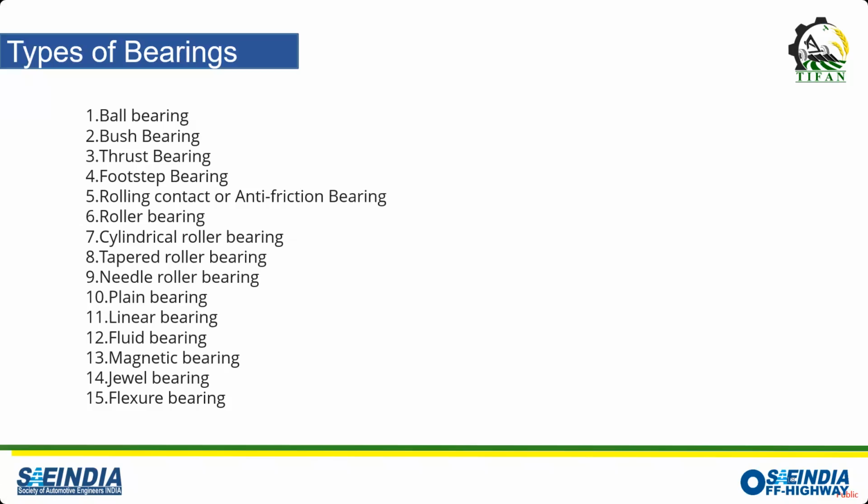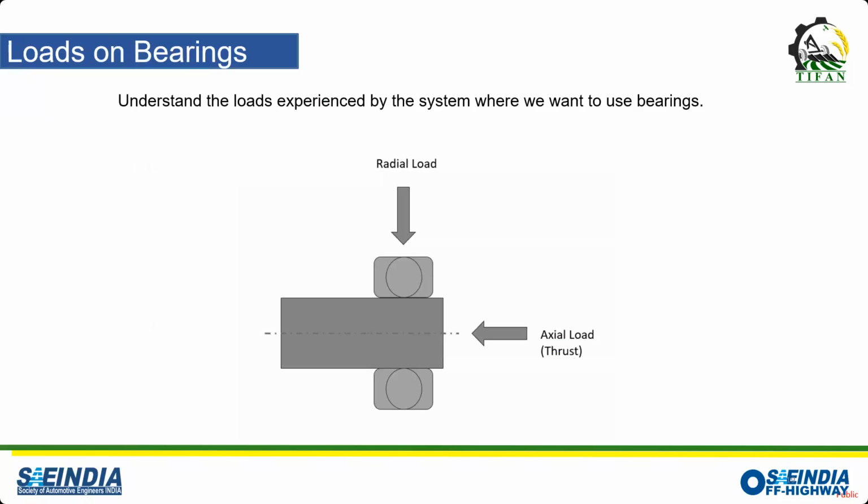Otherwise, for general use, the load they carry and the environment in which we are going to use them, those factors and the loads will determine which bearing we are going to use in a particular case. With that in mind, ball bearing, roller bearing, taper roller, needle roller bearing, we will go into more detail on these in the next slides.